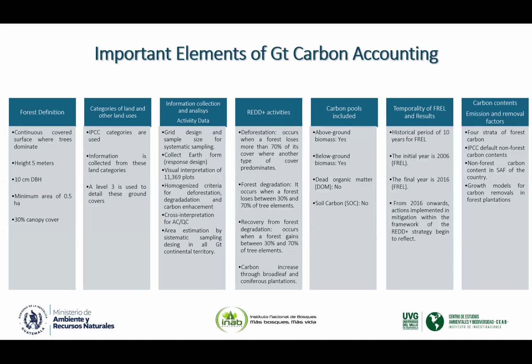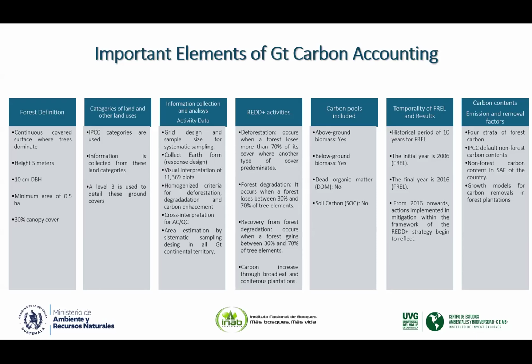We have an initial year that is 2006, and the final year is 2016. From 2016, Guatemala implemented mitigation actions in the framework of the REDD strategy. And finally, we have carbon contents for emission and removal factors.